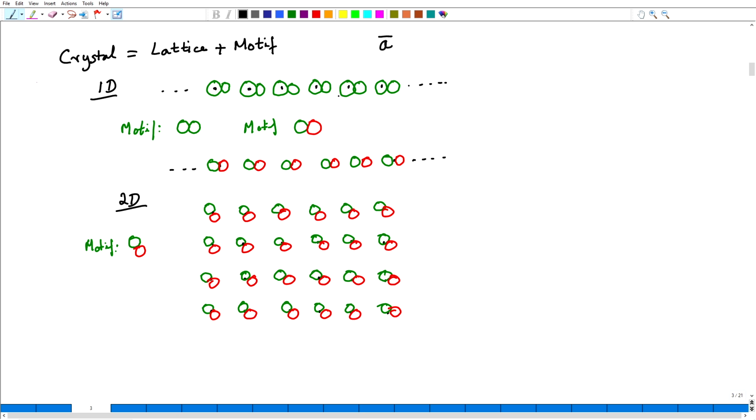The atom center which coincides with the lattice point would have the same translation that the lattice has, and similarly the second atom will also have the same translation.